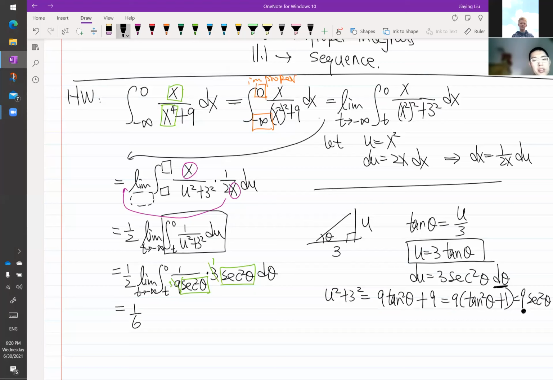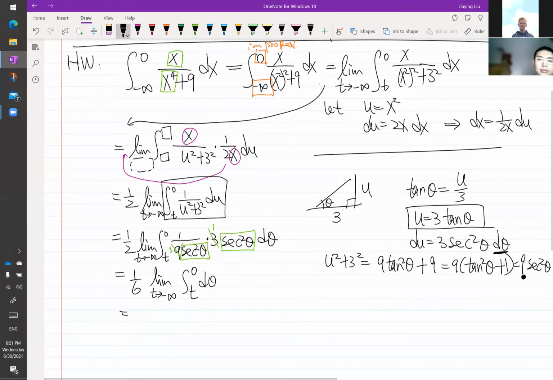So you got 1/6 limit t going to negative infinity, integrating t to 0 of d theta, just 1 d theta, right? That becomes 1/6 limit t going to negative infinity, theta evaluated from t to 0.